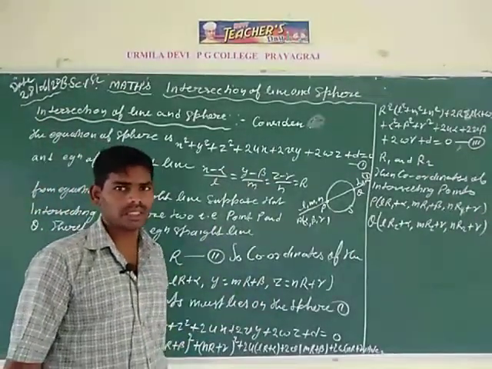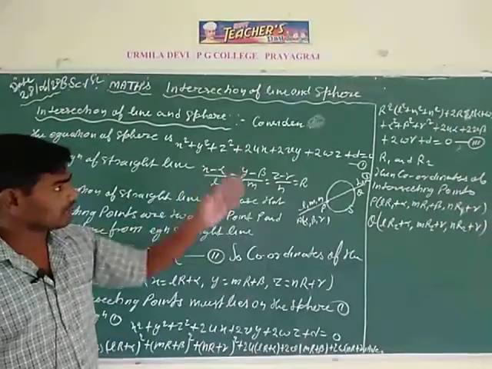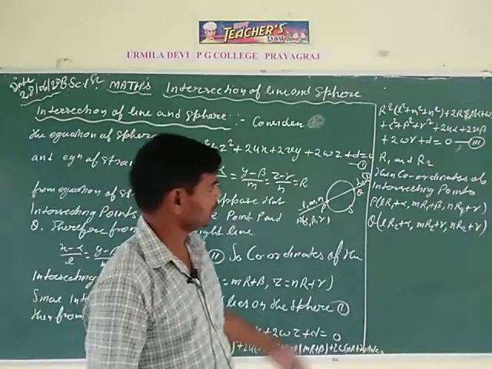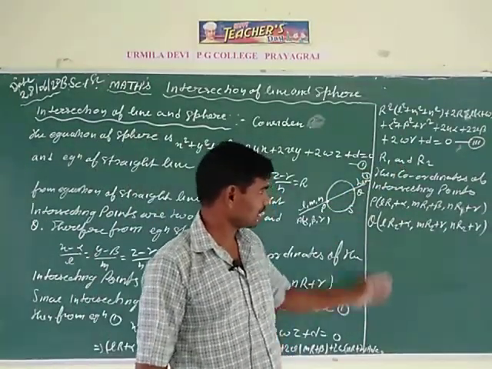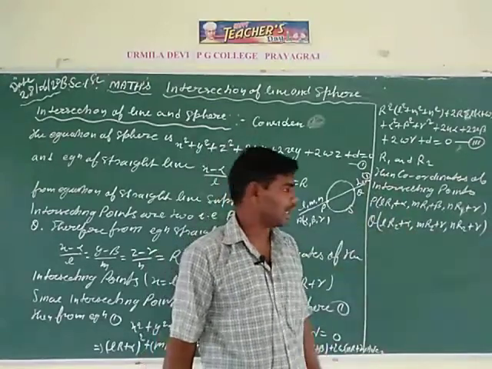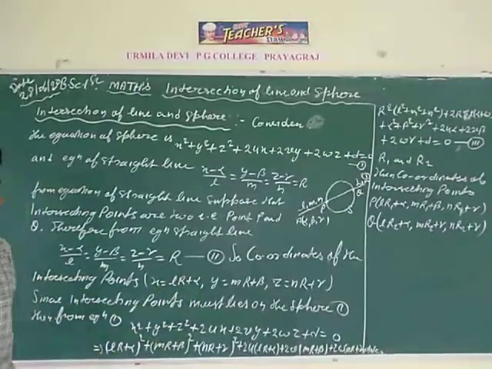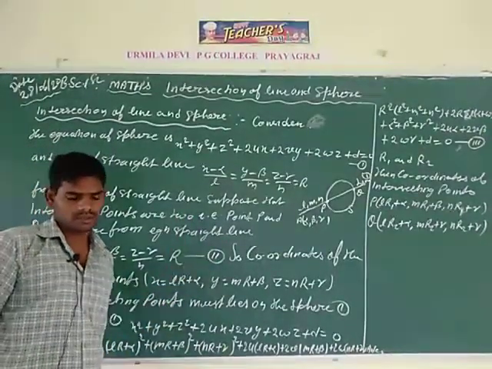After simplification, find the values of capital R. Suppose those values are R1 and R2. Putting the values of R1 and R2 into the coordinates, the coordinates of intersecting points P and Q are completely solved.